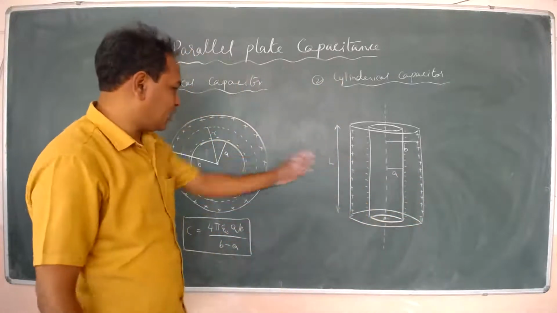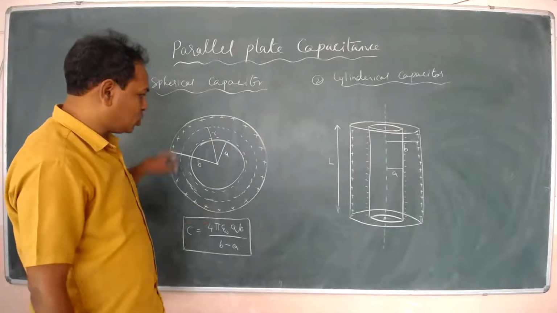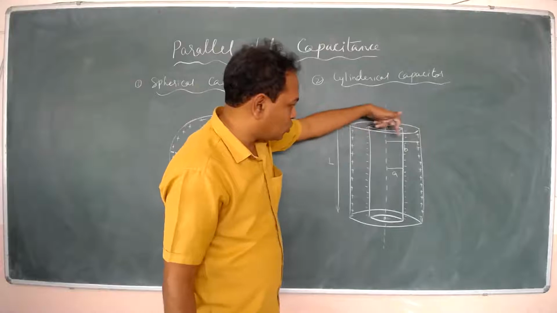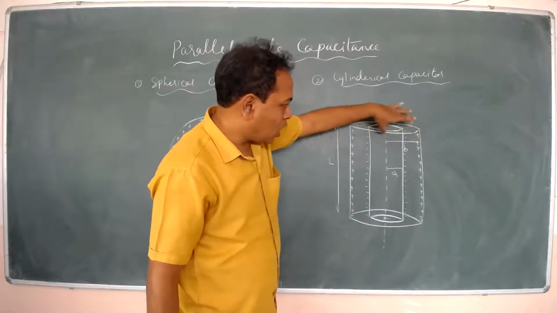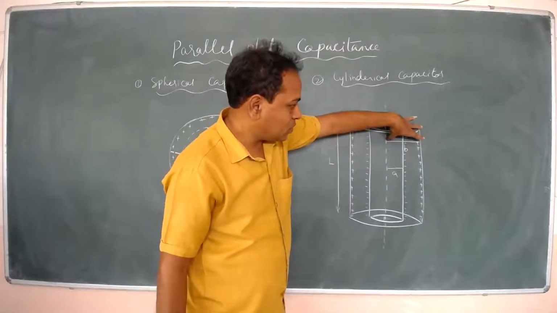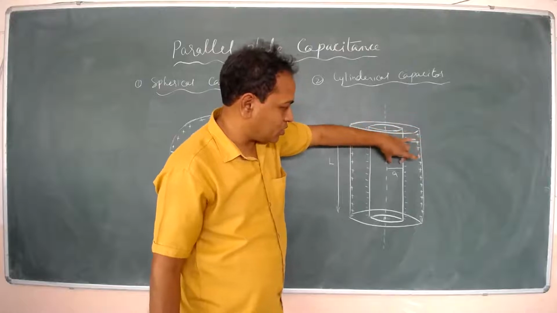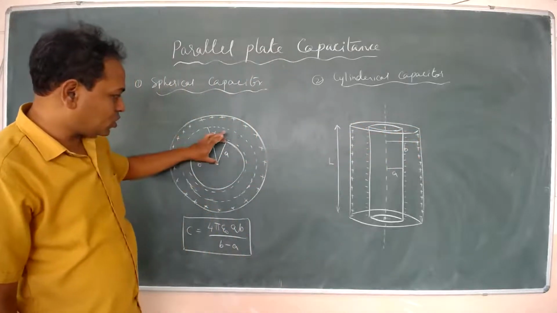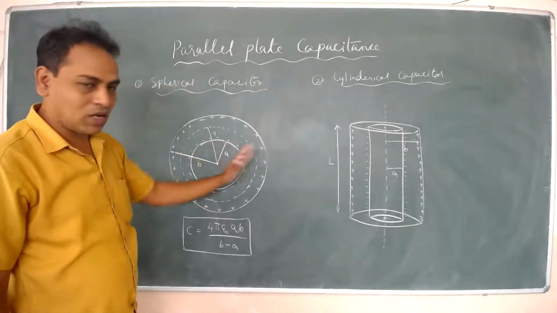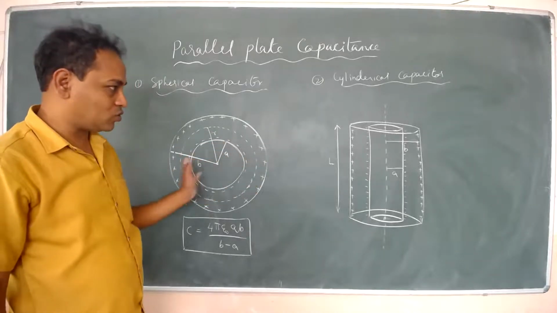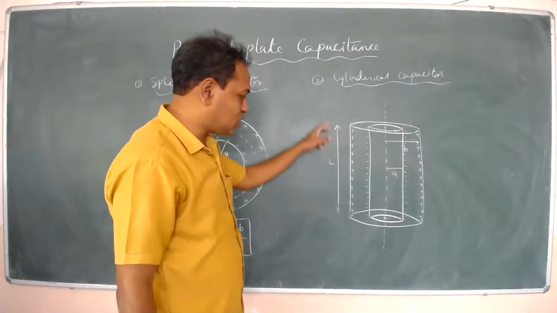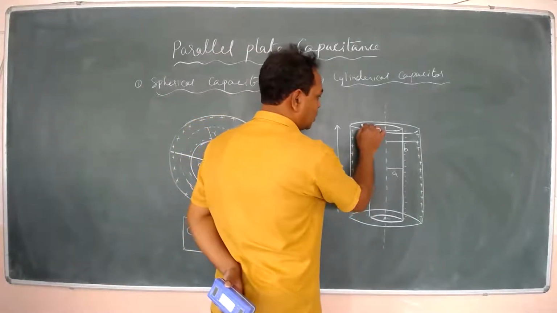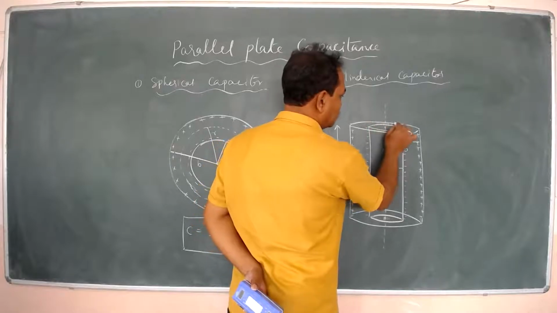It is the same as before: the outer one is positive, the inner one is negative. The outer cylinder radius is b and the inner cylinder radius is a, length L. We can also assume one more cylindrical surface between these two.